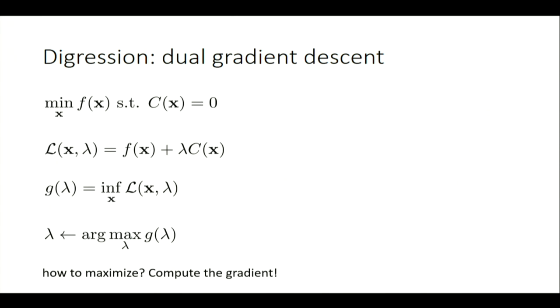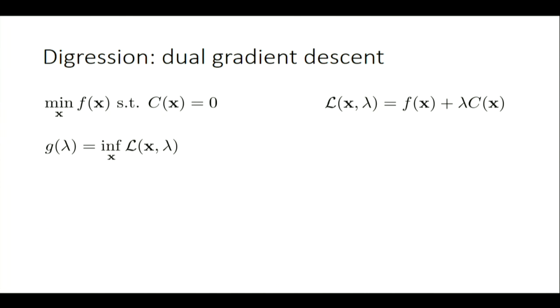So how do we maximize a dual function with respect to dual variables? Well, one way we can maximize a function is by computing its gradient. So let's do that. Let's compute the gradient of the dual function. For simplicity, let's use this x star of lambda to denote the x that you get when you minimize the Lagrangian for a given value of lambda.